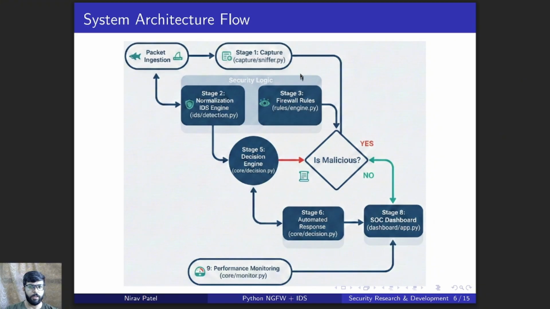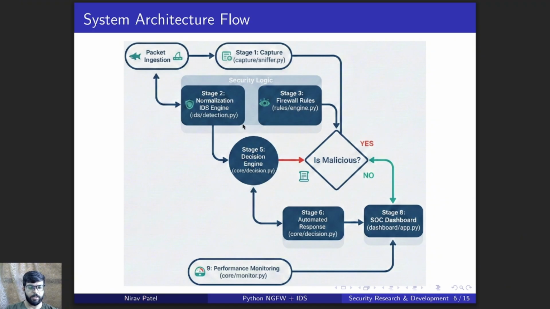Now, we will see the security logic zone. After capturing, packets enter the security logic layer. This is where intelligence begins. The packet now undergoes structured analysis across multiple engines.